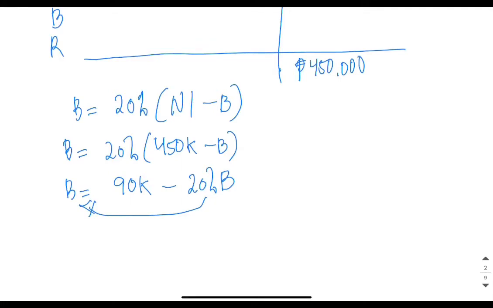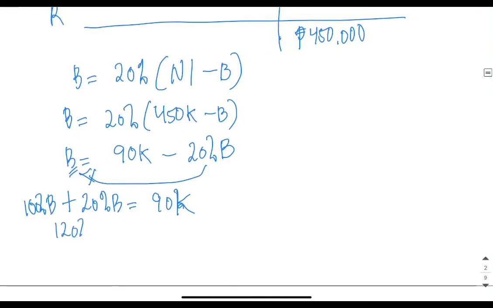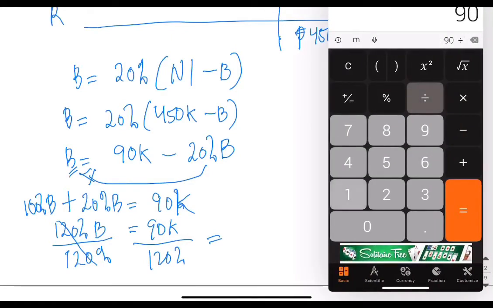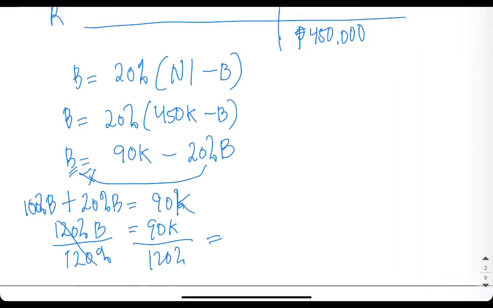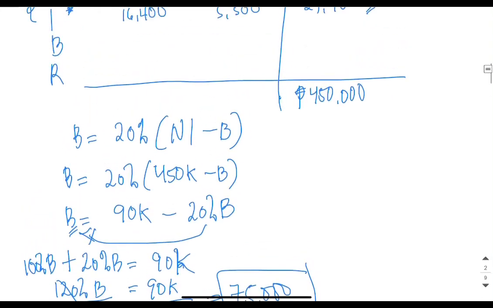So this is 100% of B plus, once you transpose, of course, this will change the sign, 20% of B equals 90,000. So in effect, this is 120% of B. This is 90,000. So divide both sides by 120%. So the answer would be 75,000. So this is the bonus to Althea. Okay, 75,000.